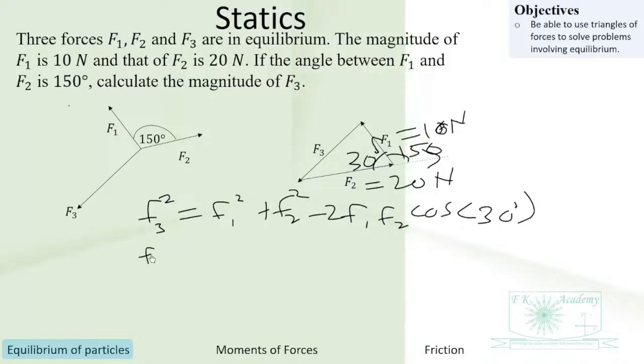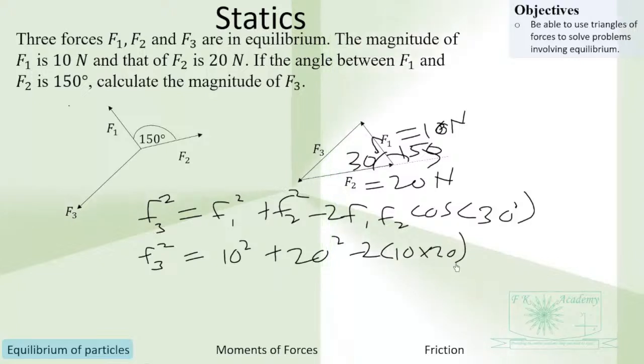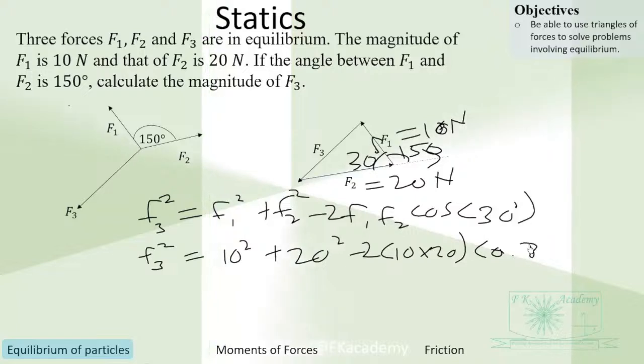So F3 squared will be equal to 10 squared plus 20 squared minus 2 times 10 times 20 cos 30. Cos 30 will be 0.866.